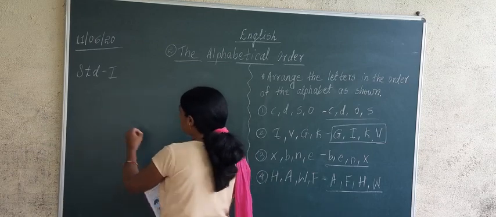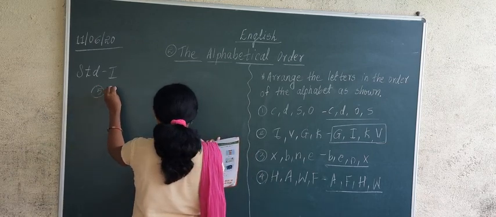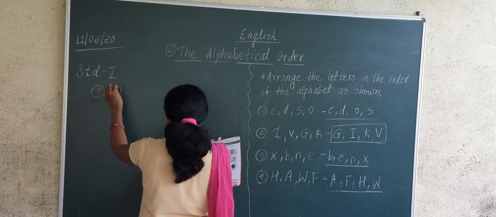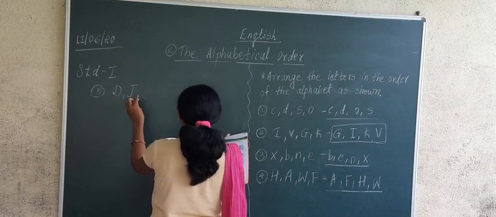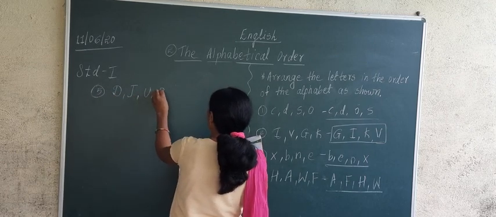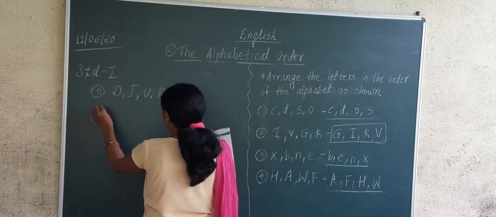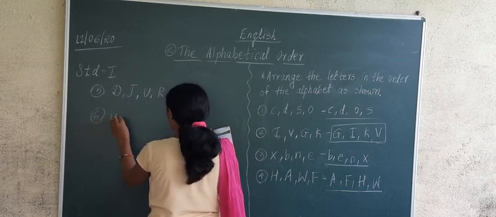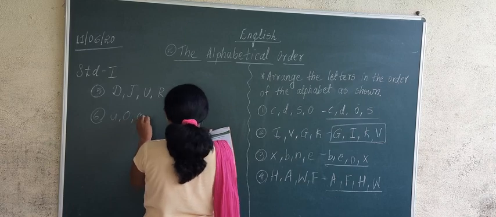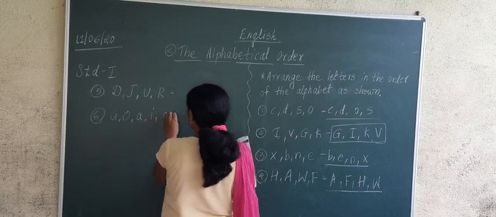The fifth example which is given over here is D, J, U, R. And the sixth example which is given over here is U, O, A, I, E.